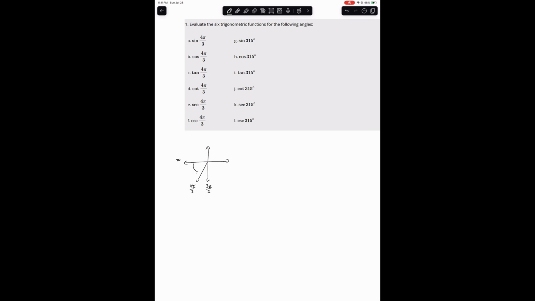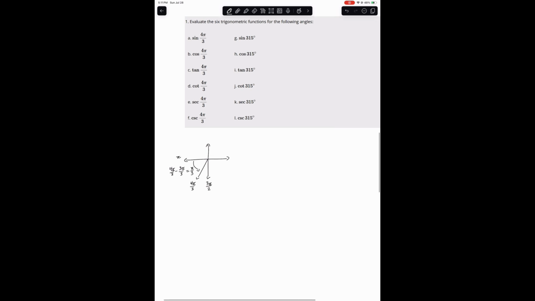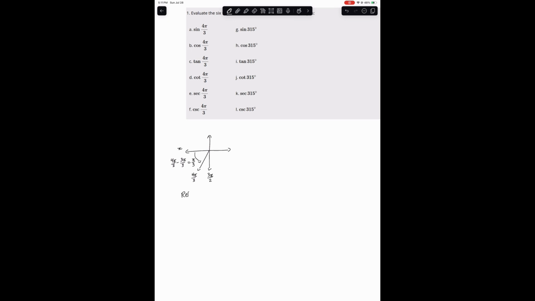This reference angle here is 4 pi over 3 minus 3 pi over 3, so pi over 3. So our reference angle is pi over 3. And from this, we know that we should have a cosine value of 1/2 and a sine value of root 3 over 2.